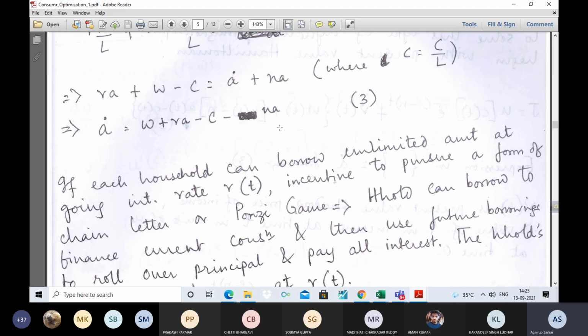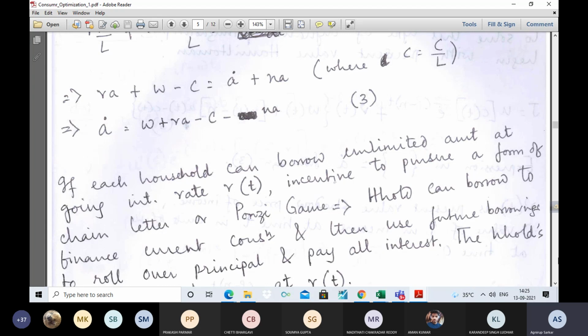in order to rule out such possibilities, we assume that the credit market imposes a constraint on the amount of borrowing, and the appropriate restriction turns out to be that the present value of assets must be asymptotically non-negative, right?